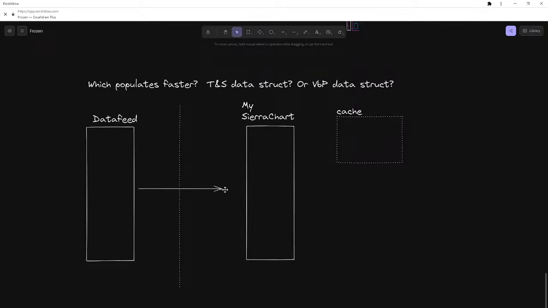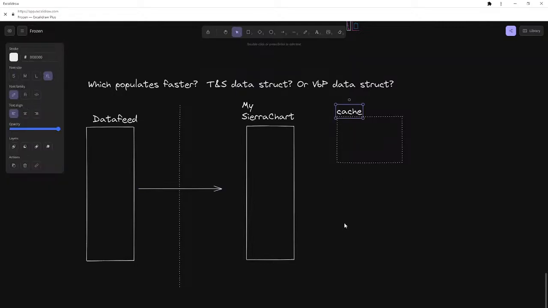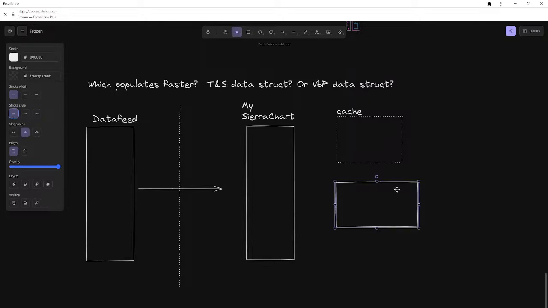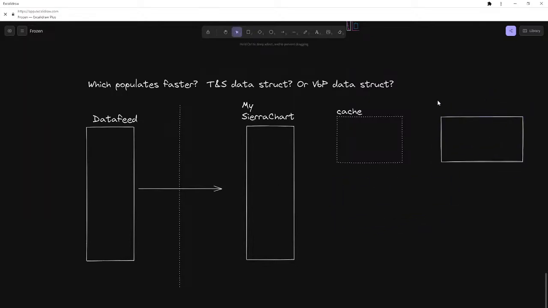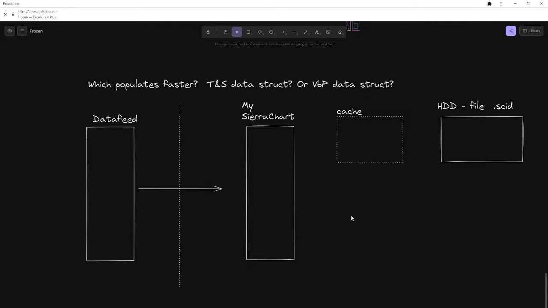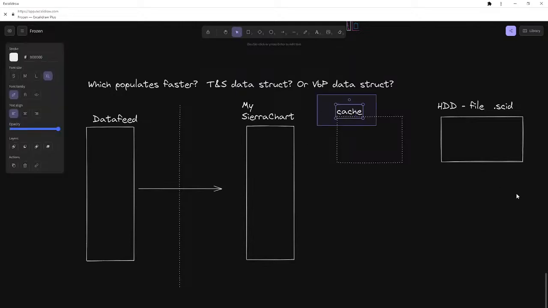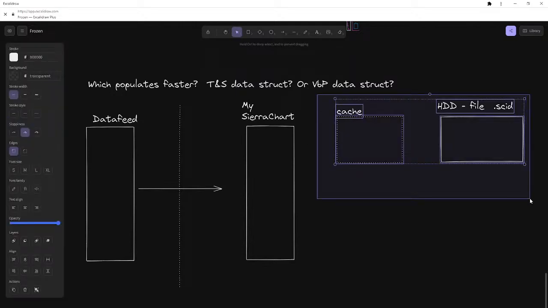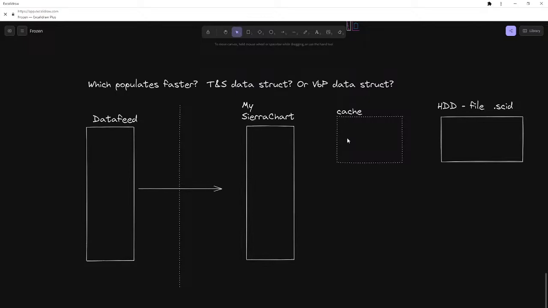which is reading the data feed directly. I think this comes directly into this cache. And then there is actually a file which sits on the hard drive, your .scid file. So this is what's inside of Sierra, an abstraction.